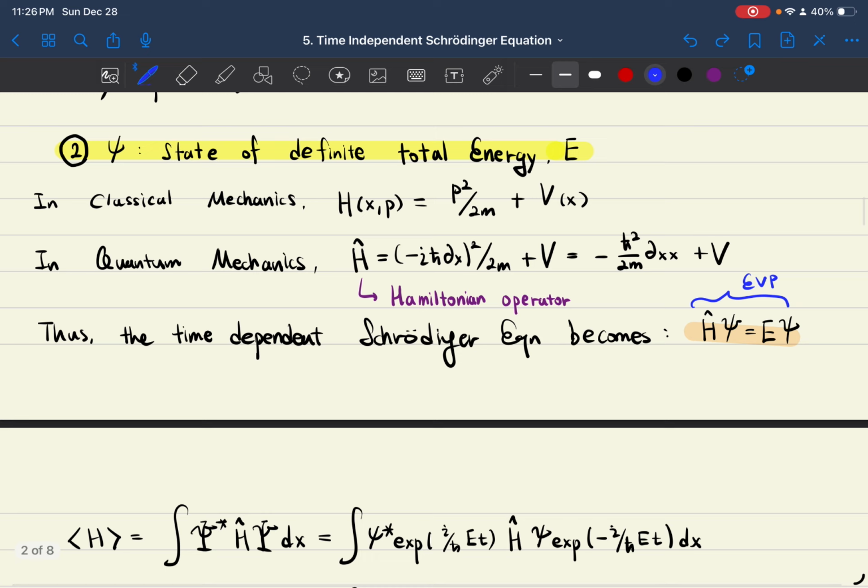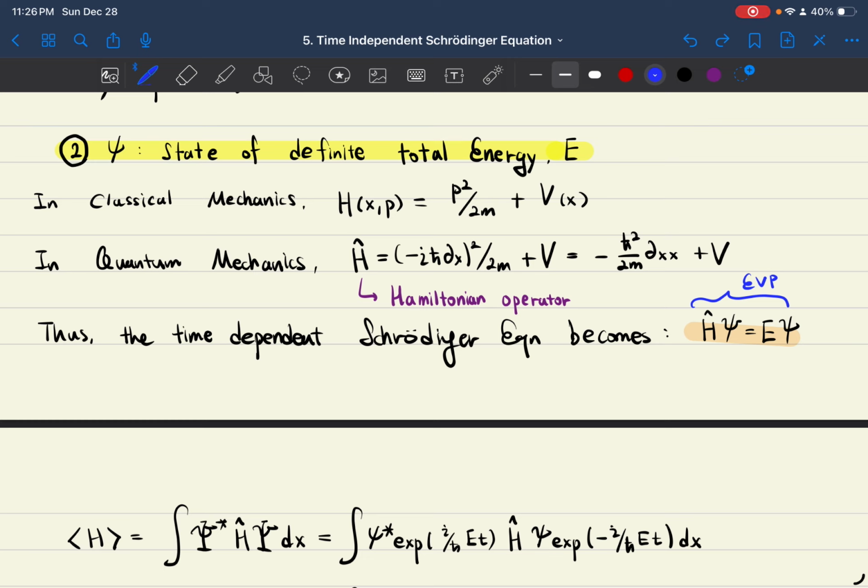And second, psi is a state of definite total energy E. In classical mechanics, what was the Hamiltonian H(x,p)? There are many stories about this Hamiltonian, but we can roughly think of it as the total energy of the system: p squared divided by 2m plus V(x). In quantum mechanics, the form is very similar.